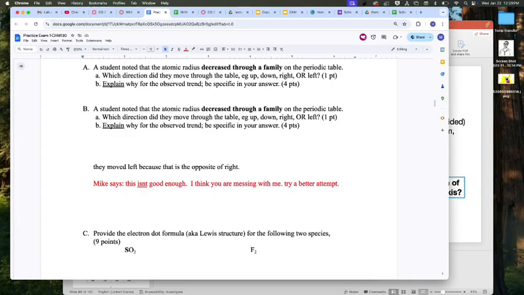The family is up, down, also known as a group. And for people saying group, that's awesome. I appreciate that you know the actual word, but that's also not useful if you don't know what a family was. So there are different words that we can use to represent those things. That family tells us we need to look at the up-down. Where is it going to decrease? When does the radius get smaller as we go down or up a column?